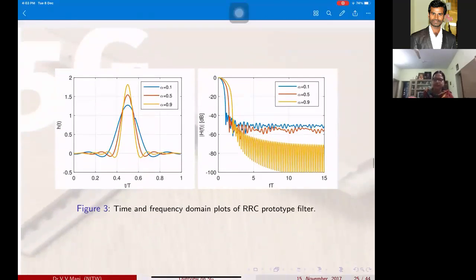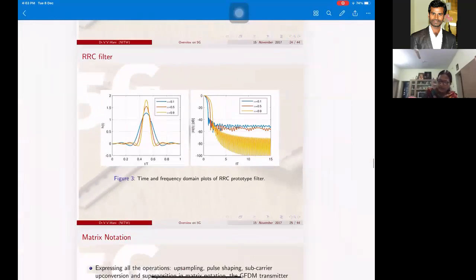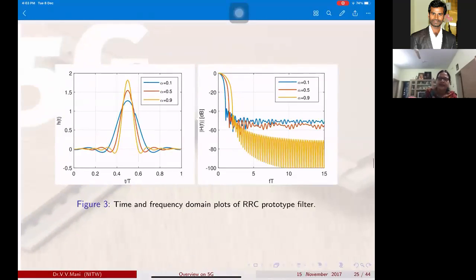So we use different filter banks, and we use different pulse shaping filters. If you look at the pulse shaping filter time frequency response, this one is for the RRC filter, for different values of alpha in my RRC filter.